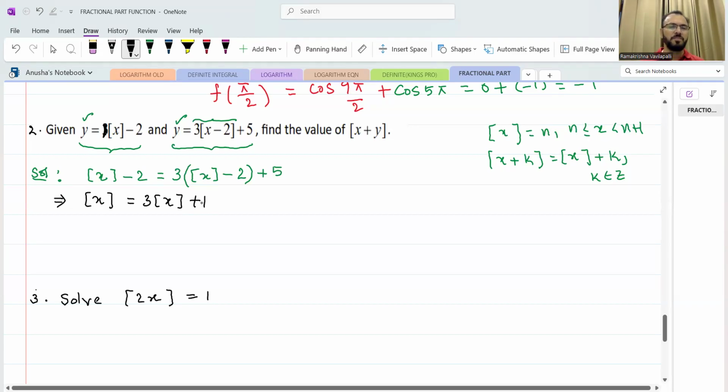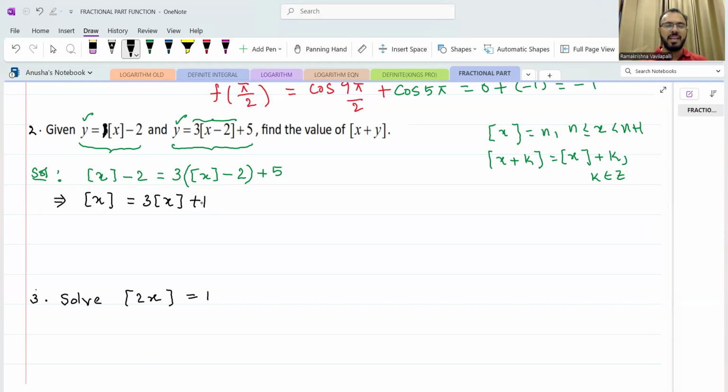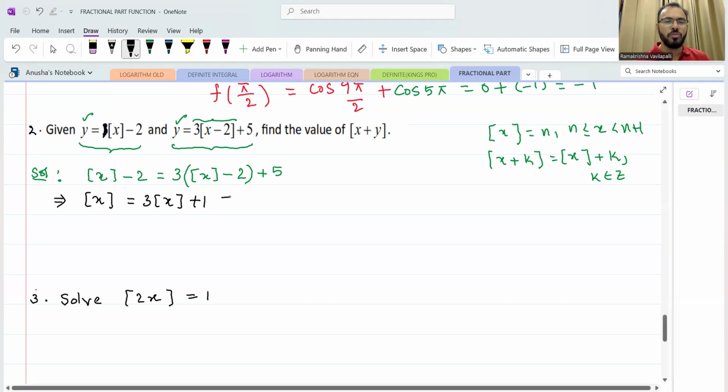And here the output of integral part of x is always an integer. As such, now also we have no solution. 2 into integral part of x equals minus 1. This implies integral part of x equals minus 1 by 2, which is impossible.